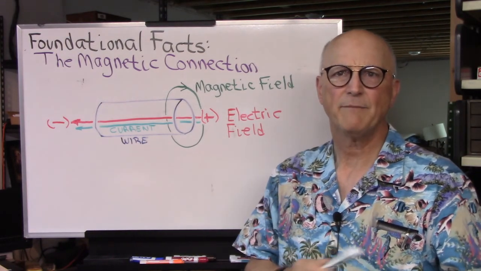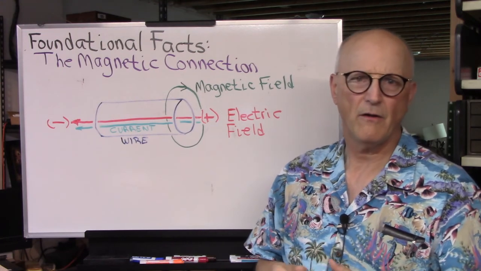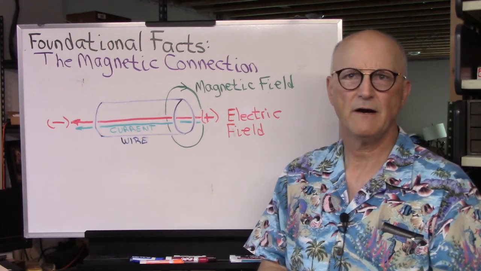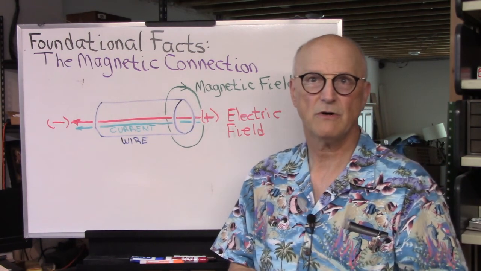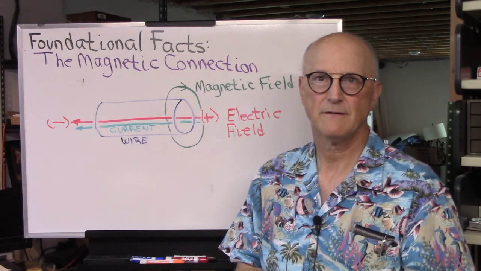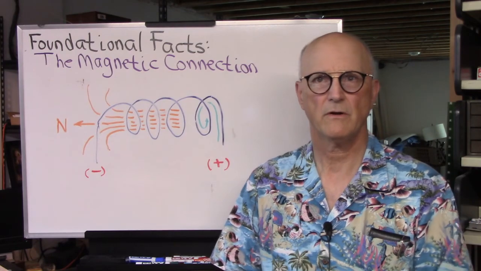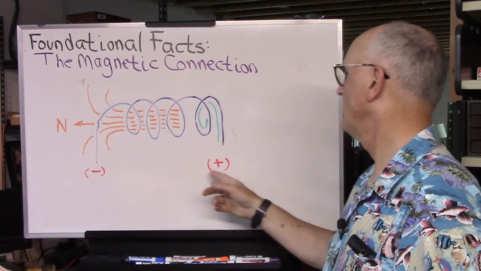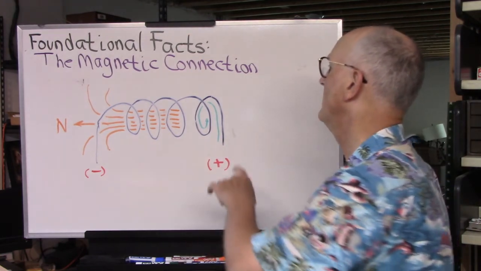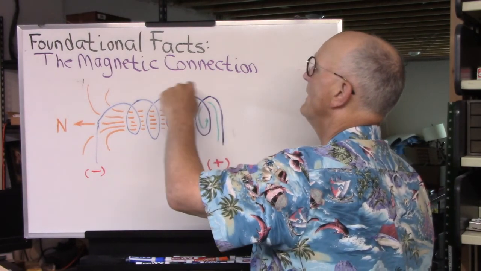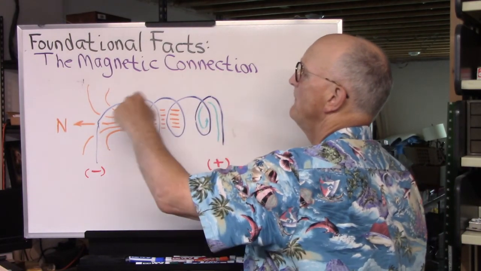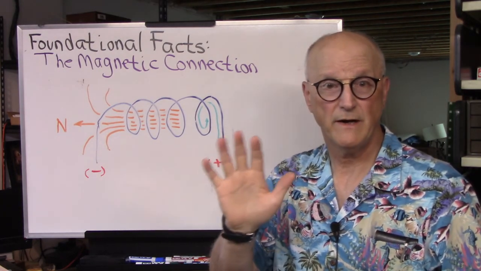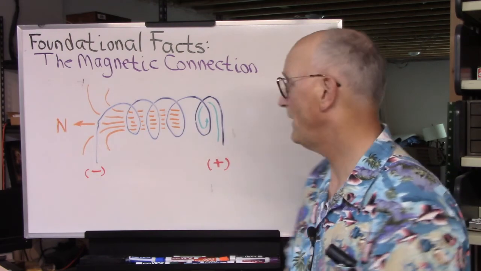But what happens if we have a coil of wire, as most inductors are just some sort of a coil of wire? So we have a coil of wire with a potential difference on the coil of wire. The coil of wire is running this way, and we apply the same right-hand rule to this coil of wire.